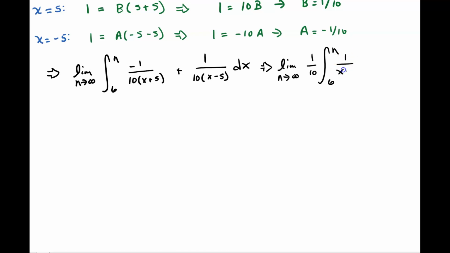I'm going to say 1 over x minus 5 minus 1 over x plus 5, just so that it looks nicer. I just move this over here and that over there, and that's all that happened there. Nothing really to it. Don't get scared about what happened there.